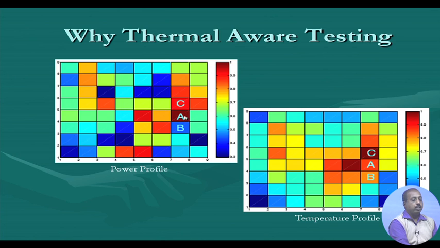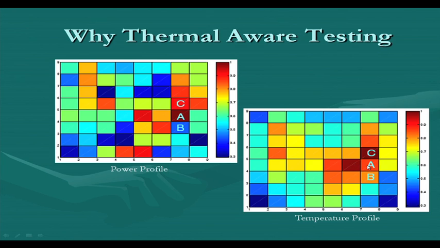So, we will try to reduce the power. On the other hand, if we look into the temperature profile, we may find that block A is not that much of a concern, but block C is more of a concern, and this block is also a concern. Previously, block C and this one were not of much concern, but when we see the temperature profile, C is more heated than A, and this particular block to the left of A is also more heated than A. Why does this happen?